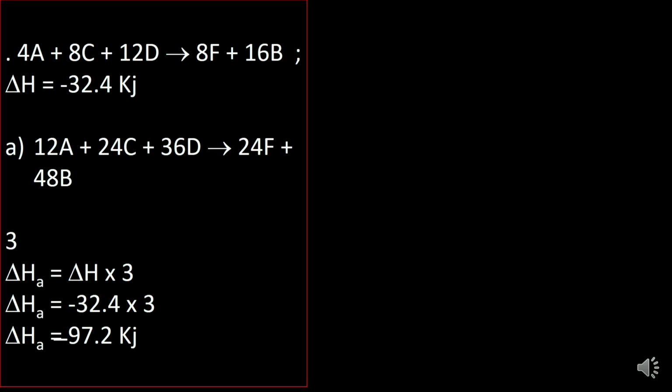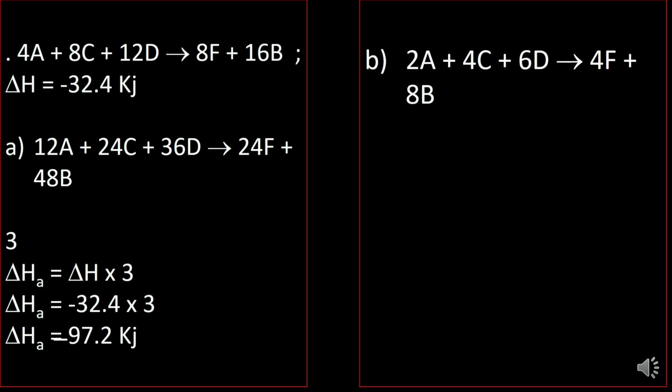Now let's look at question B. Question B is 2A plus 4C plus 6D, then the product is 4F plus 8B. Let's equate this to the general expression, the expression in which we are given the change in enthalpy. If we multiply the general expression by 1 over 2, we get what we have in question B, which means the enthalpy change for this expression is 1 over 2 of the enthalpy change for the general expression. We use the general expression because we're relating all the questions to it, since we're given its enthalpy change.